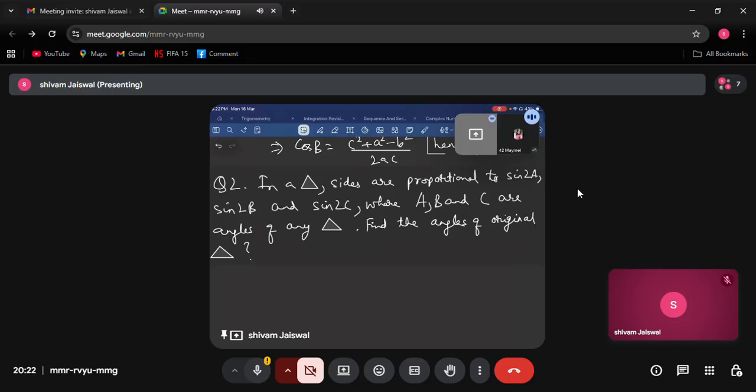Tell me, should I solve? Okay, everyone pay attention. So, 1 minute. Remember, the sides are definitely proportional to sines. Over here, sines are all that are given. But the thing is, 2A plus 2B plus 2C is not equal to 180 degrees. So think.